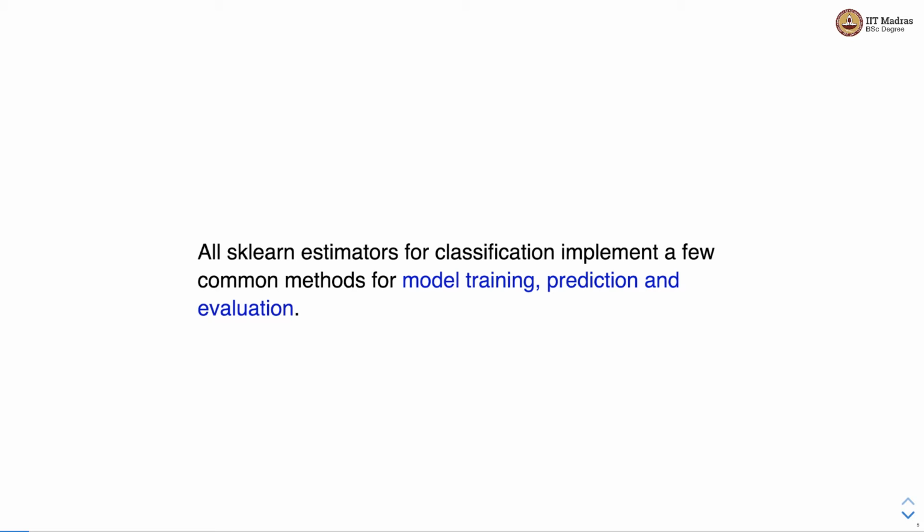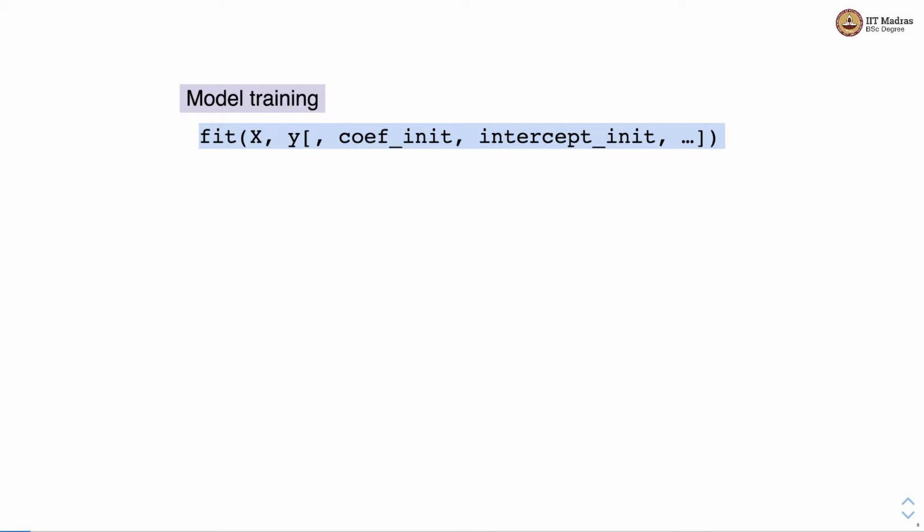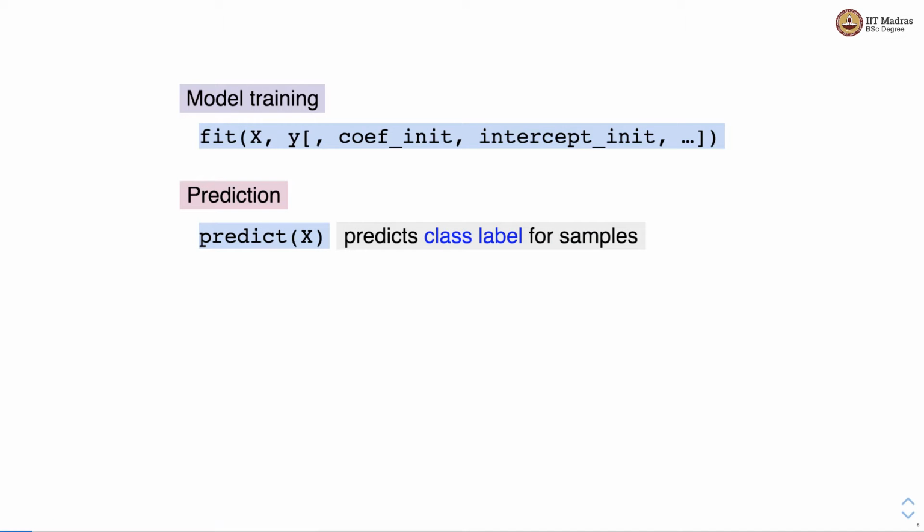All sklearn estimators for classification implement a few common methods for model training, prediction, and evaluation. Model training is done through the fit method that takes feature matrix and label as inputs, along with some other optional arguments. Then there are a couple of methods for prediction. One is predict, that takes feature matrix as an input and predicts class labels for the samples.